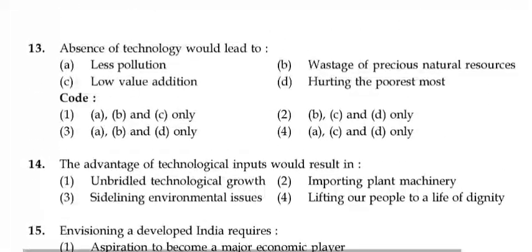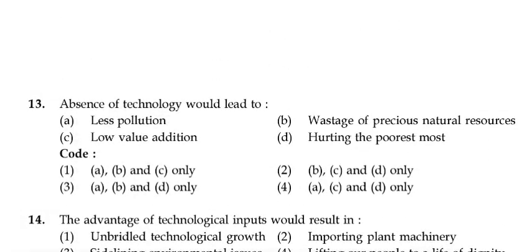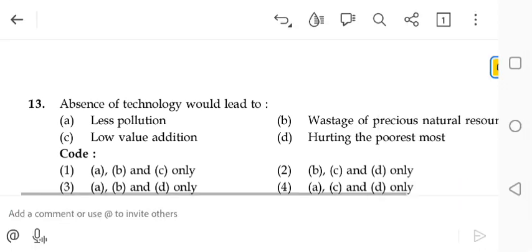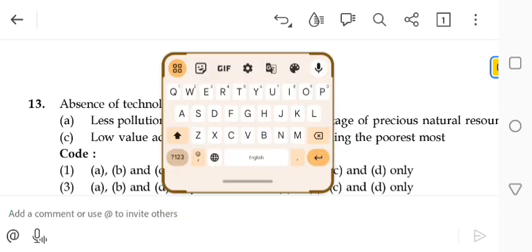Okay, number 13. Absence of technology would lead to what? Less pollution, wastage of precious natural resources, low value addition, hurting the poorest most. ABC, BCD, ABD, ACD. So it will be number 2. That means B, wastage of precious natural resources.